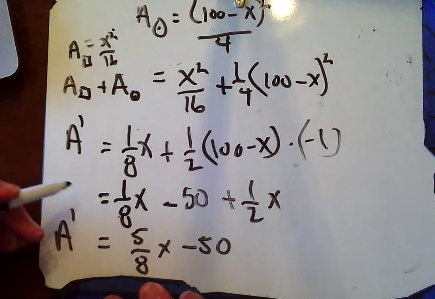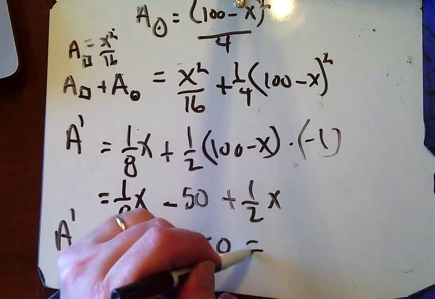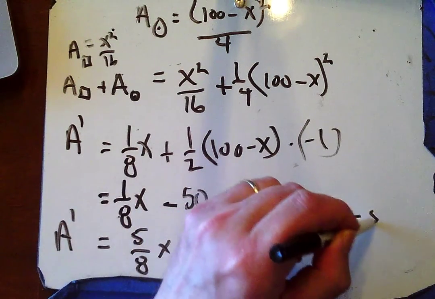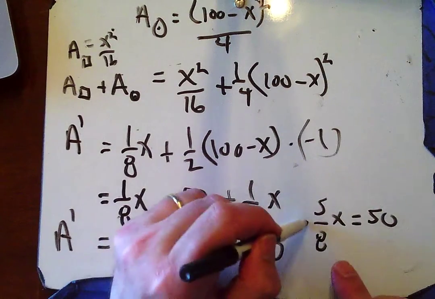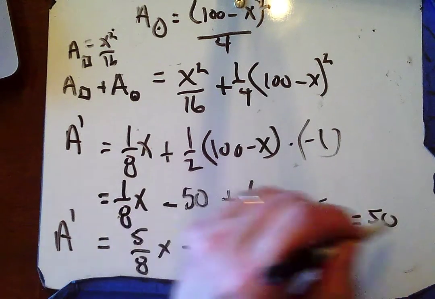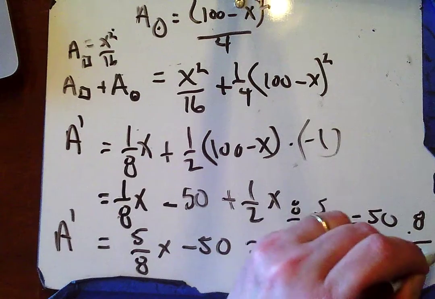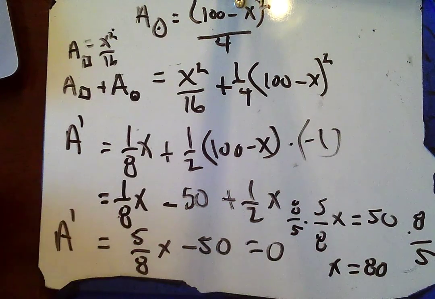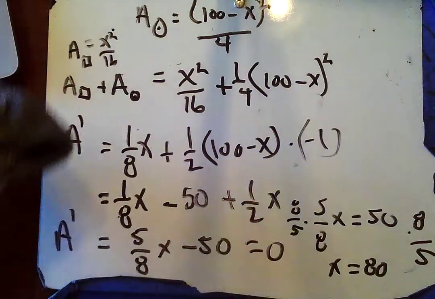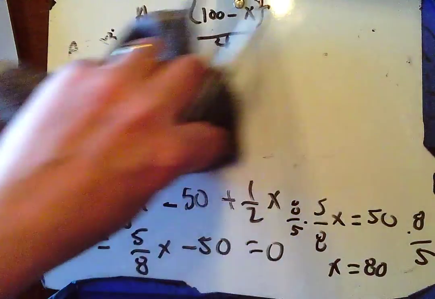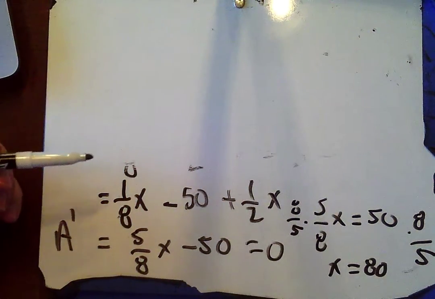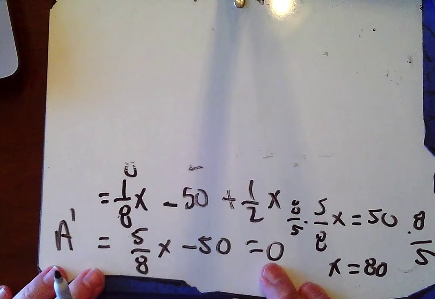But I could set this equal to 0, and then I'll have 5/8 x equals 50. If I multiply both sides by 8 and divide both sides by 5, I end up with x equals 80. Okay, so that's a critical point. But you know, there's more places to find maxes and mins than just A prime equal to 0.